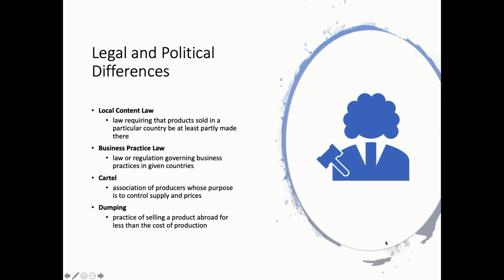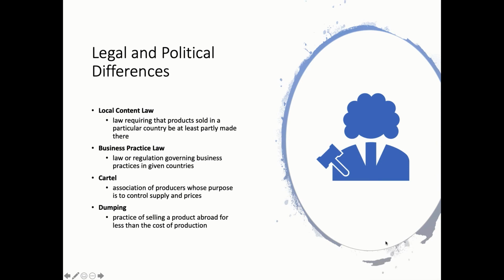In some ways, one way many governments around the world institute trade barriers is they put in place a local content law that says, hey, you're free to import the half-assembled product or some of the factors of production, but at least 50% of that end product has to be made in this country or contain components from our country in order for you to sell it here. And that's what's known as, as you can see there, a local content law.